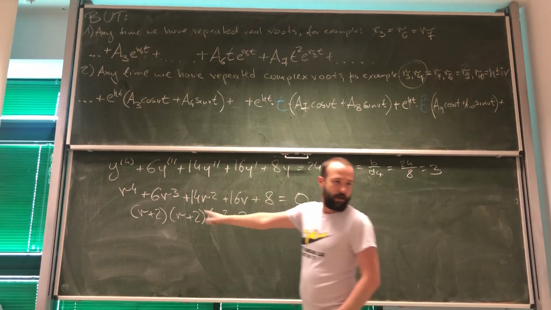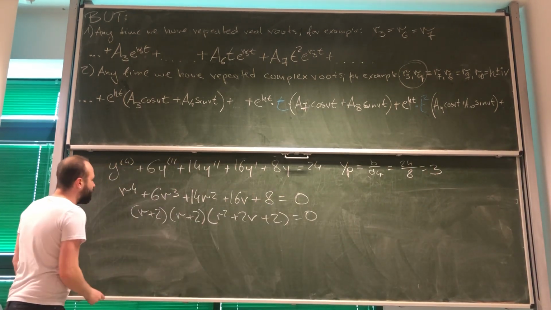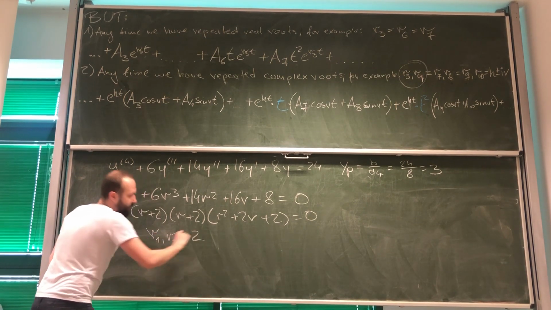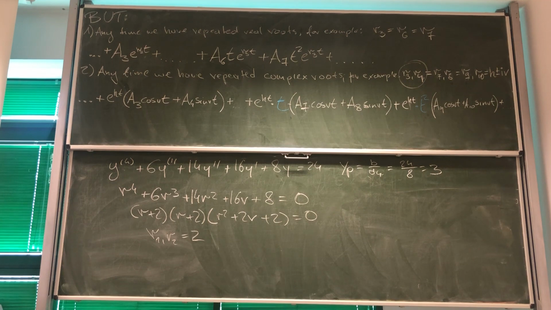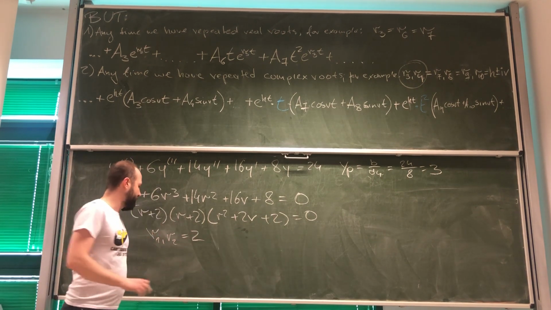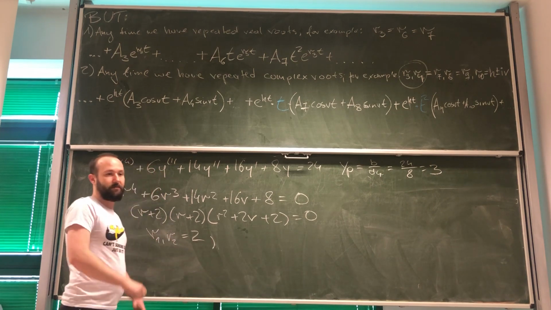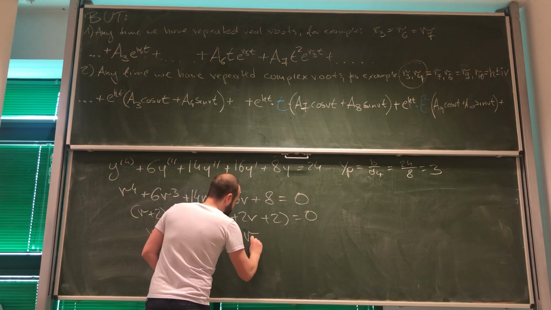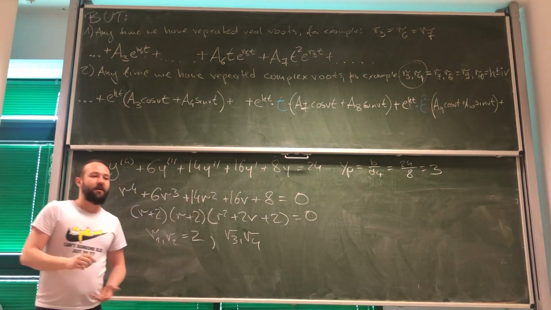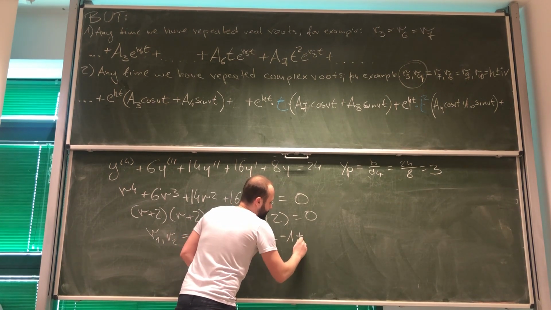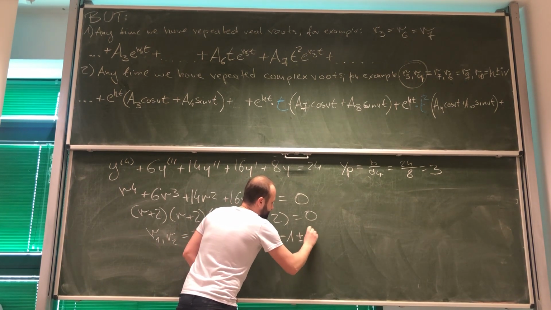Over here, we see that we've got two repeated roots, r1, r2, both equal to -2. Over here, however, we would get a pair of conjugate complex roots of the form like this.